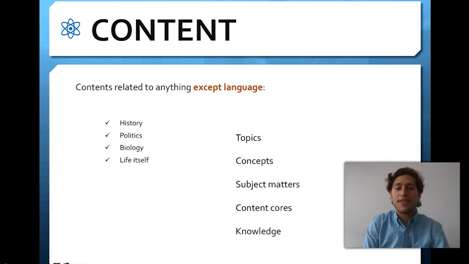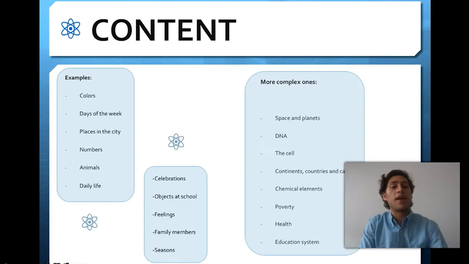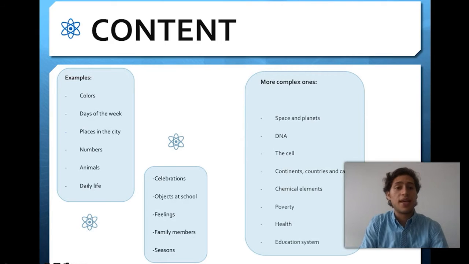When we say life itself, you might be wondering, hey, but is that a knowledge area? Well, when we are teaching very young learners, in preschool or primary school, somehow concepts are more basic. They can be, for example, colors, days of the week, places in the city, numbers, animals, daily life. They are basic, but they are still concepts.